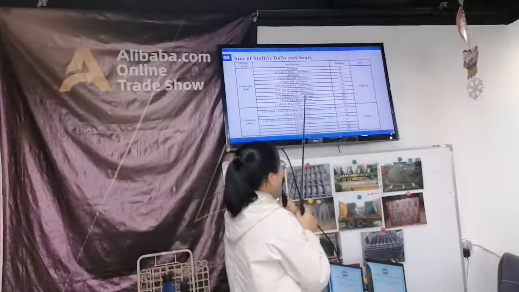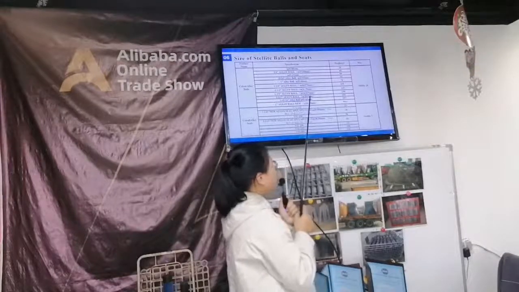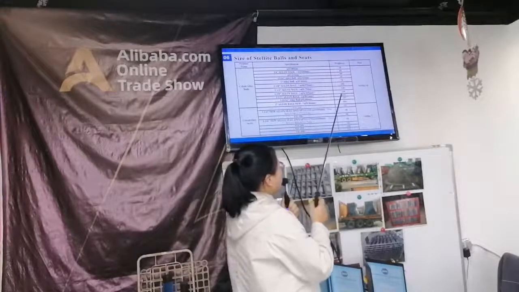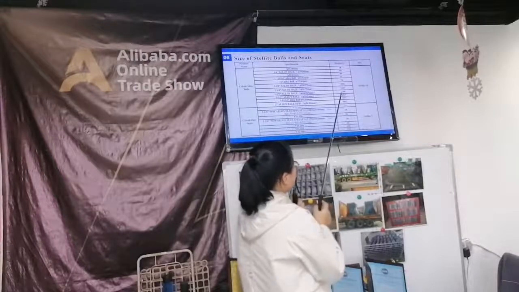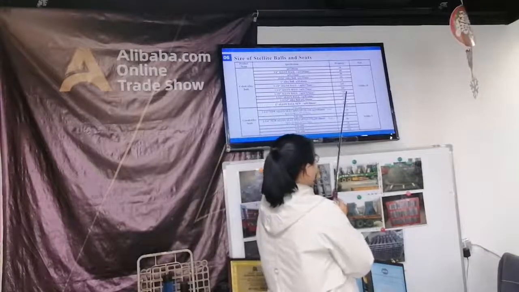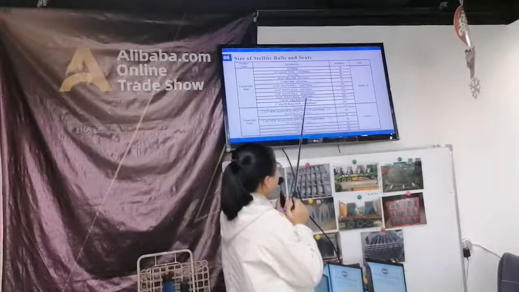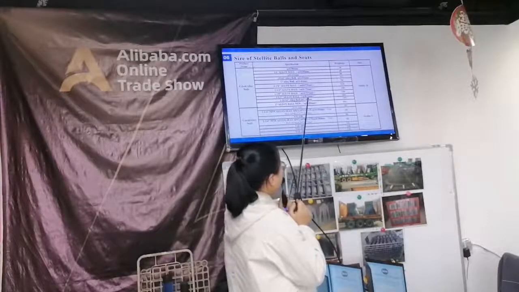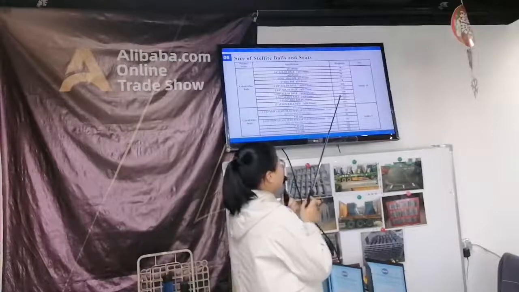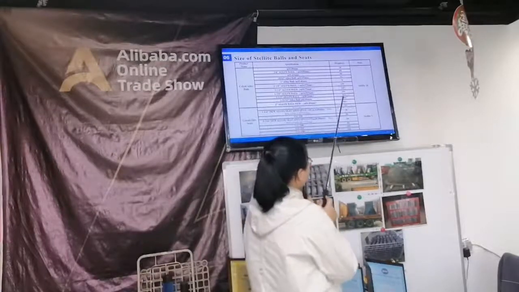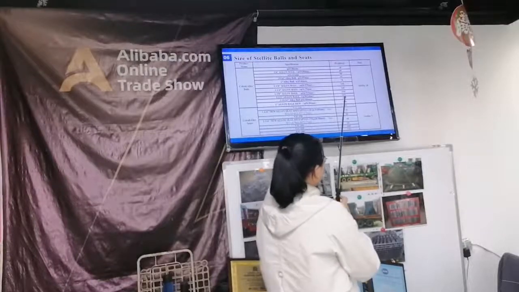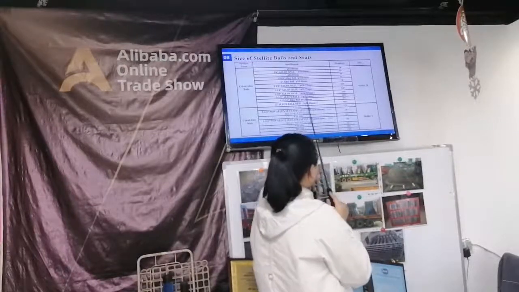Diameter 34.925 mm, the unit weight is 195 grams. Diameter 38.1 mm, the unit weight is 253 grams.